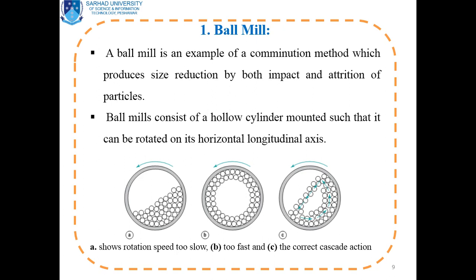Ball mills consist of a hollow cylinder mounted such that it can be rotated on a horizontal longitudinal axis, and these are the different diagrams or figures indicating different speeds. A shows the rotation speed is too slow, B shows the rotation speed is too fast, and C shows the rotation speed is the correct cascade action.